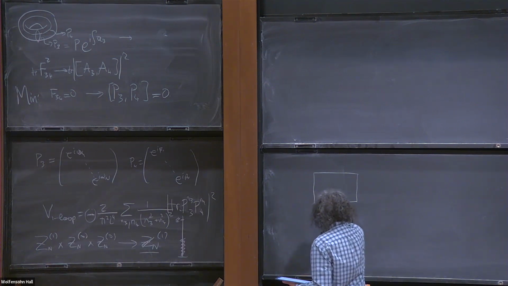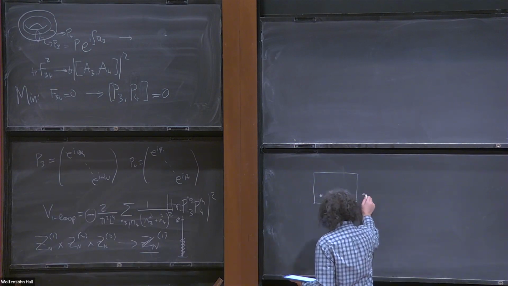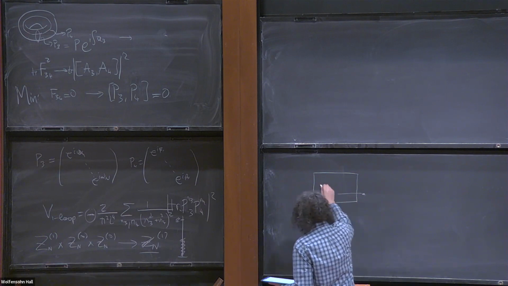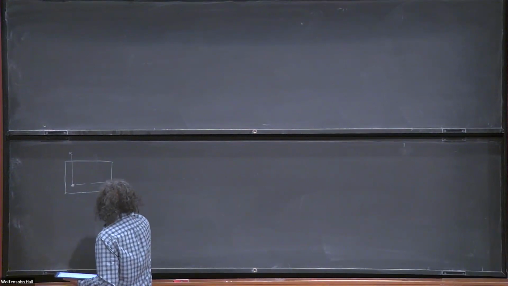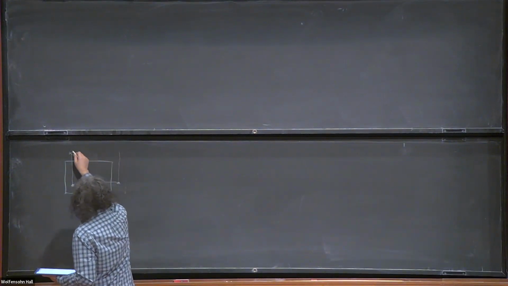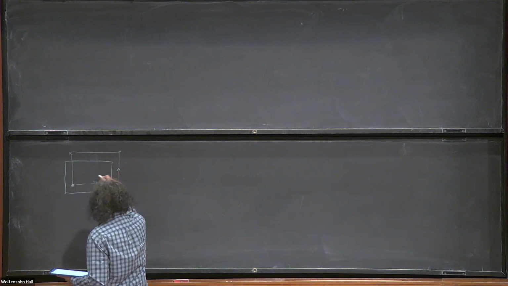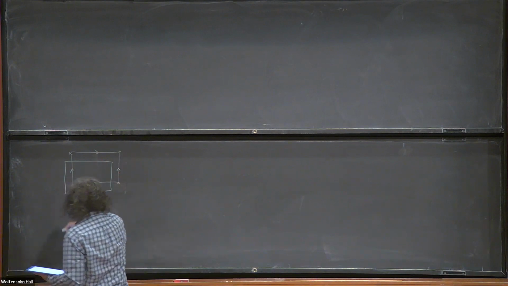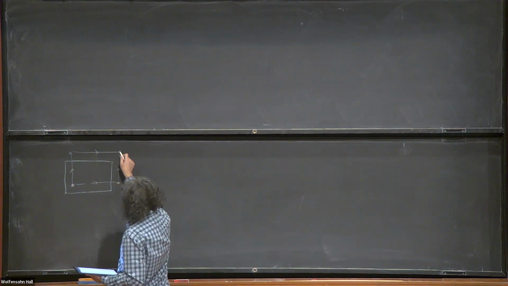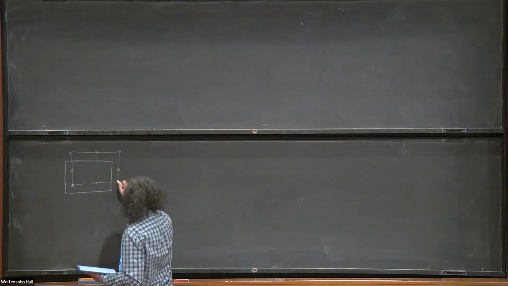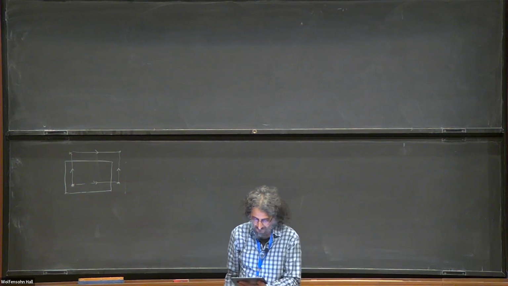You define the field here via the transition function, and there via the transition function, and you demand you can reach this corner by using either this path or that path. And you demand that the field here be independent of what path you have taken. So you demand the consistency of the field there.